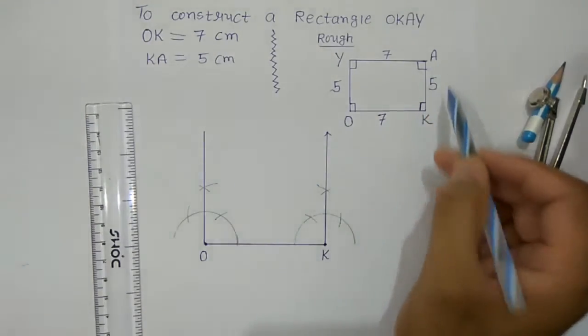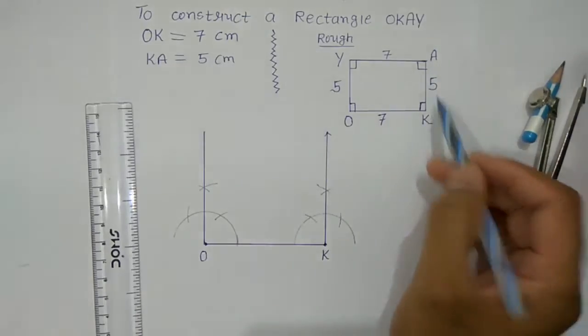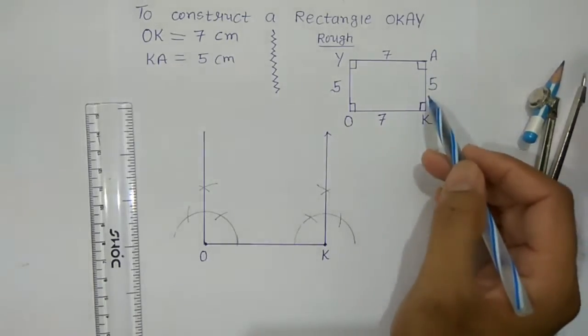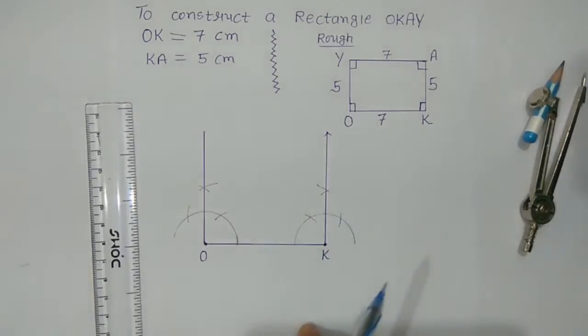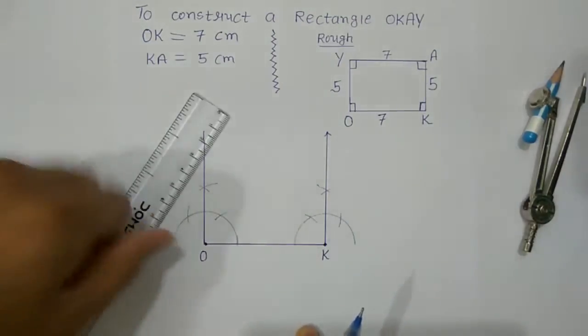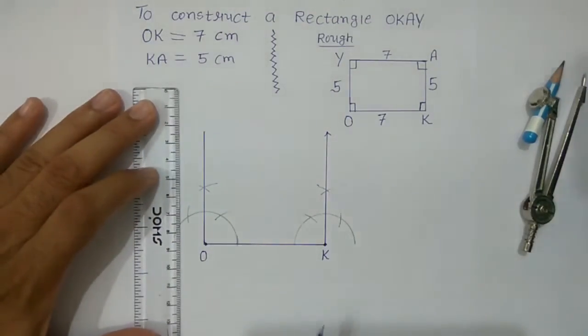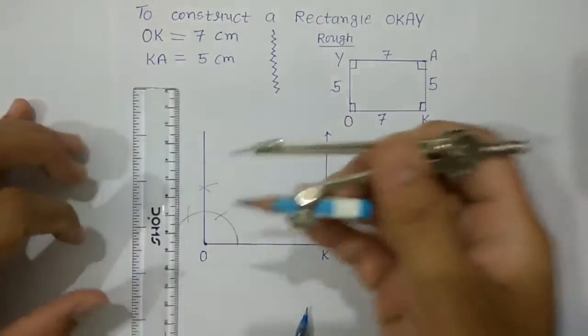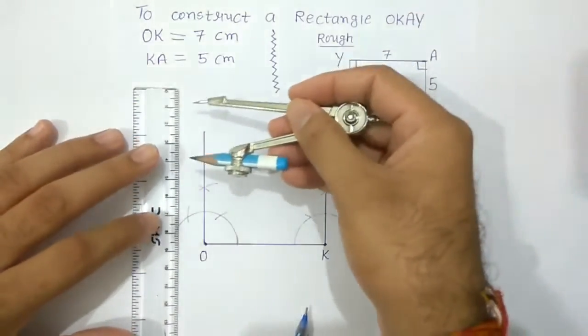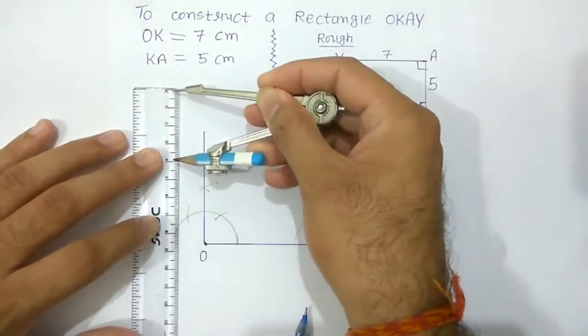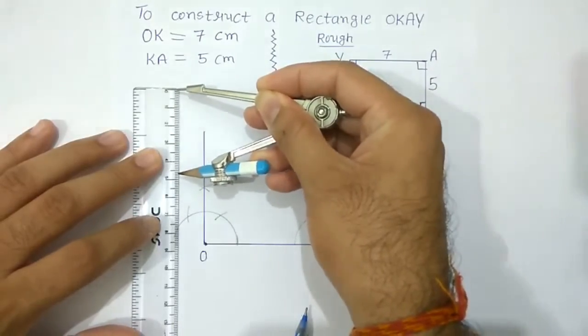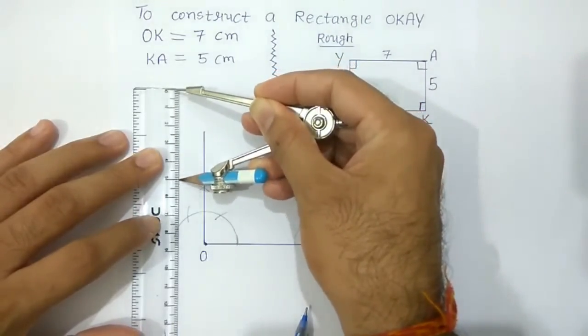Now how far is A from K? It is 5 centimeter. Okay, so we can do this in two ways. One is to measure 5 centimeter on the scale. So this is 0 and this is 5 centimeter.